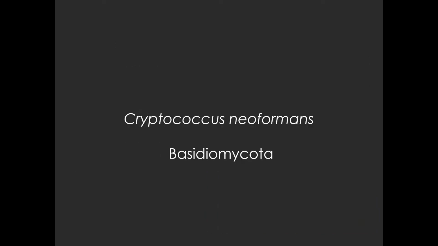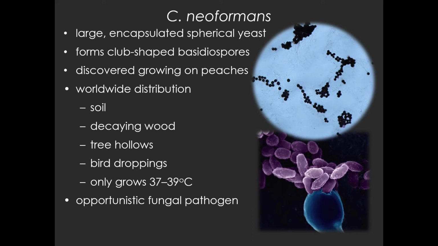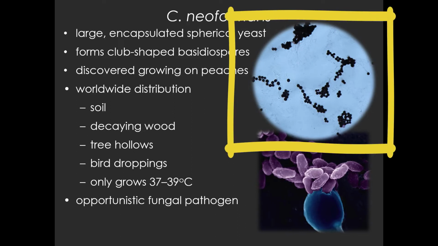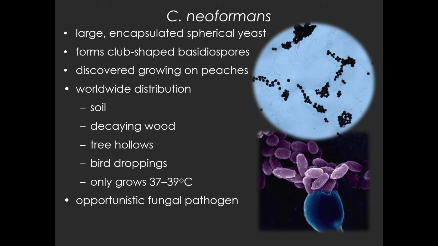Next up, we move on to the eukaryotes, beginning first with our fungal organisms, the first of which is a basidiomycota called Cryptococcus neoformans. Now, just because we've moved on to the eukaryotes doesn't mean we've moved fully over to this idea of multicellular organisms. In fact, as you can see from the light micrograph at the top of your screen, this is a spherical yeast.